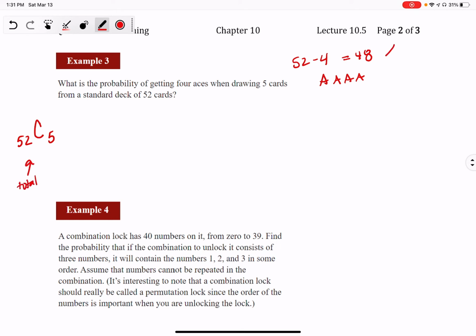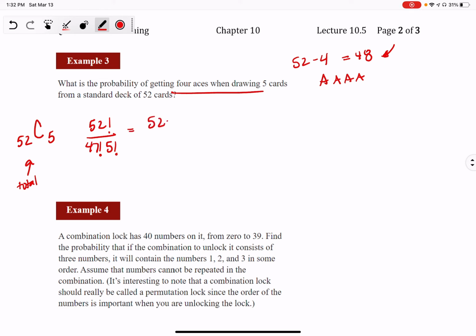This is how we found our numerator, our top number, because we're looking for getting 4 aces when drawing 5 cards. So there are 48 different hands we can do that with. And then this bottom part, 52 factorial, and then 52 minus 5, which is 47 factorial, and then 5 factorial.